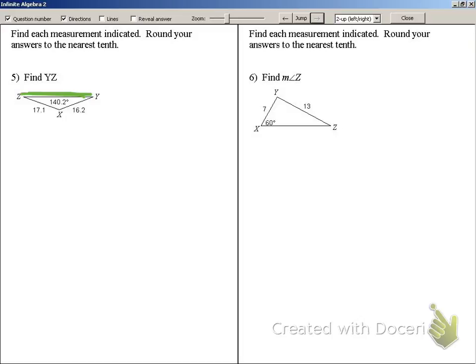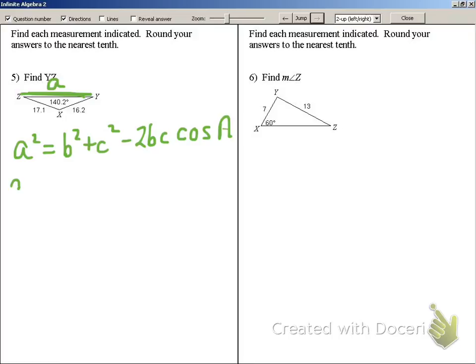And instead of saying find YZ, if you want to just let it be a letter, we're looking for A. So A squared would equal B squared plus C squared minus 2 times BC cosine of angle A. Now my angle A is going to be the 140.2.